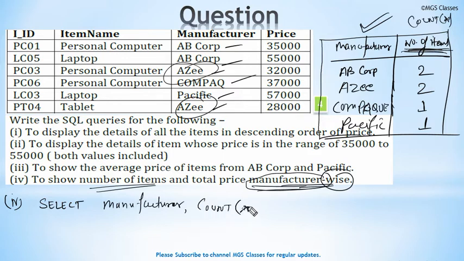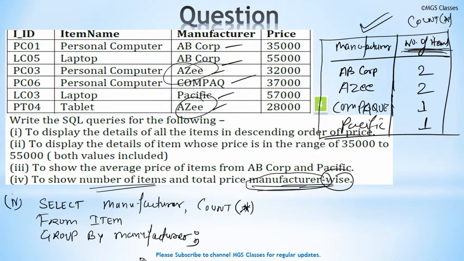From which table do you want to calculate? From the item table, and here you will GROUP BY the manufacturer column. So this way you can answer this question.